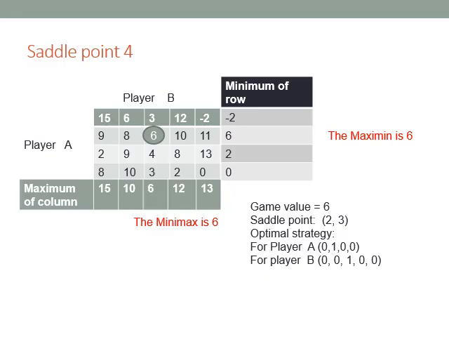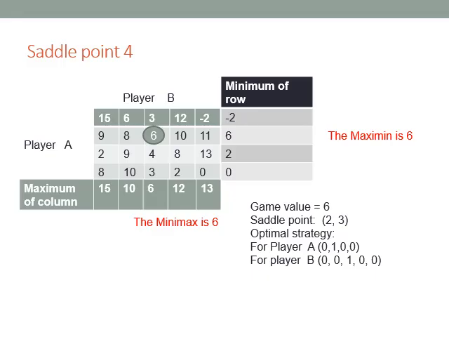The optimal strategy according to the saddle point: player A will choose the strategy number 2, and he will neglect strategy number 1, number 3, and number 4. Then for player A, 0, 1, 0, 0.